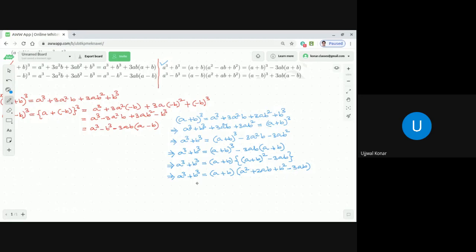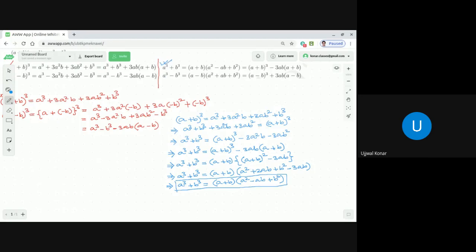So plus 2ab and minus 3ab, we can simplify and we get minus ab. So a cube plus b cube is equal to (a + b) into (a square minus ab plus b square). We have established this identity, and that is what we have written here.